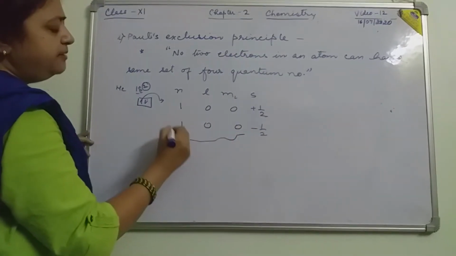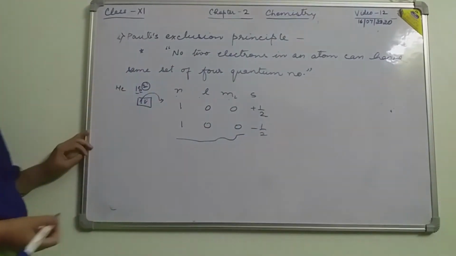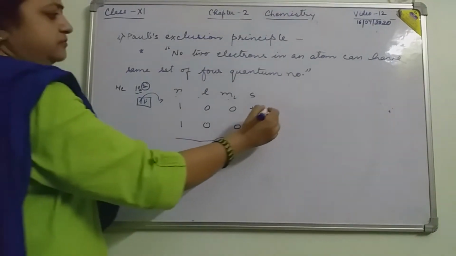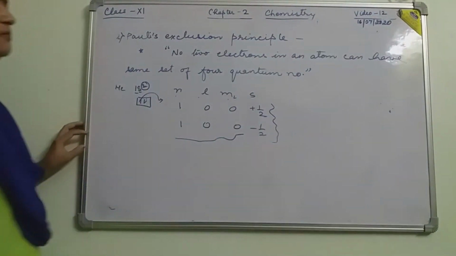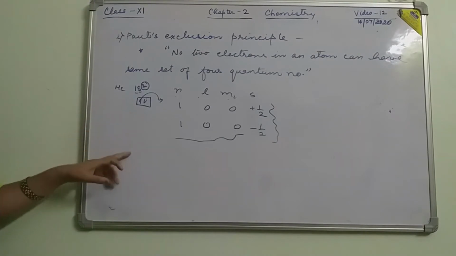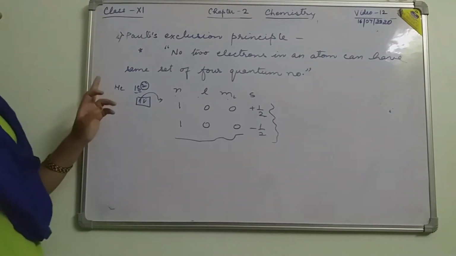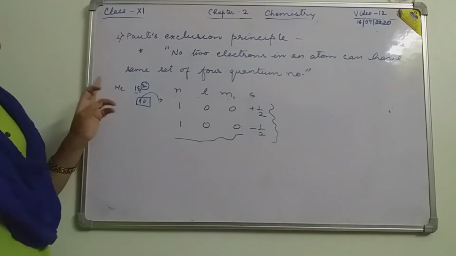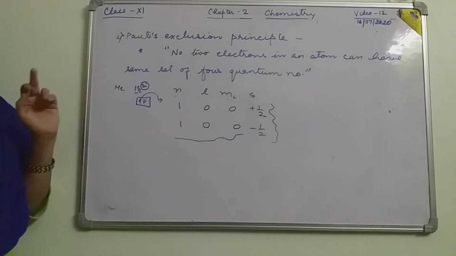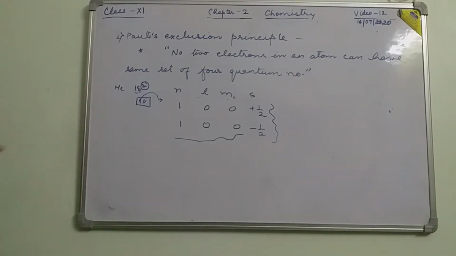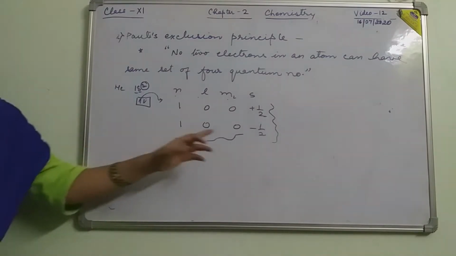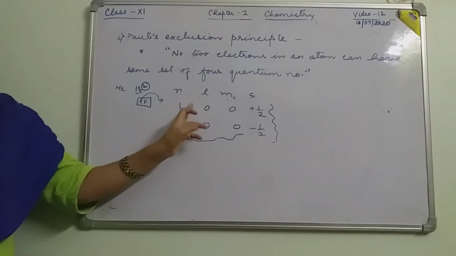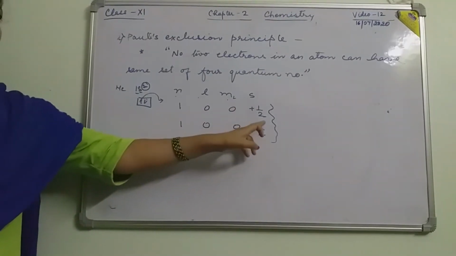These three, n, l and m, are the same here, but the spin quantum numbers are different for these 2 electrons. So there are no 2 electrons in an atom which have the same set of all 4 quantum numbers. If n, l and m are the same, s is different.